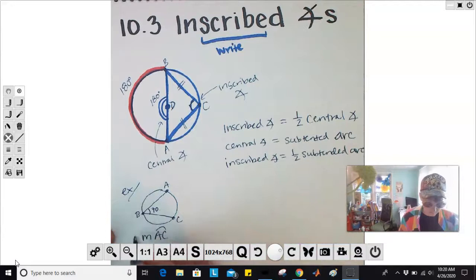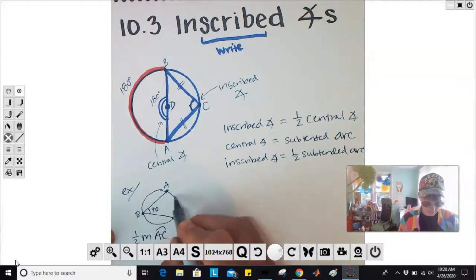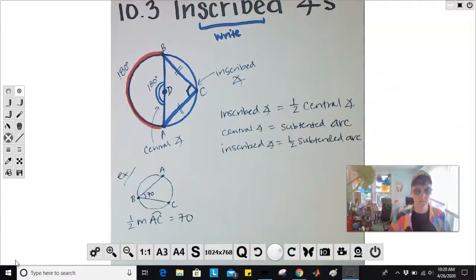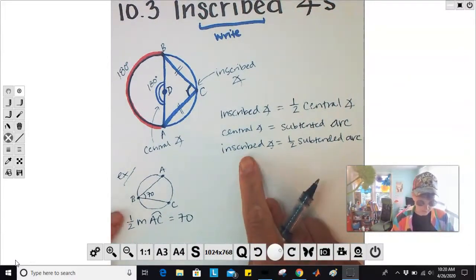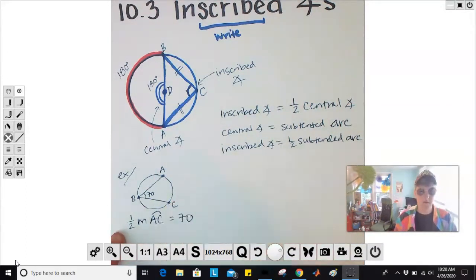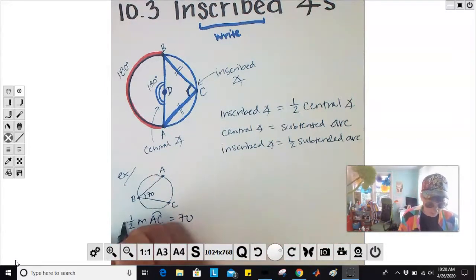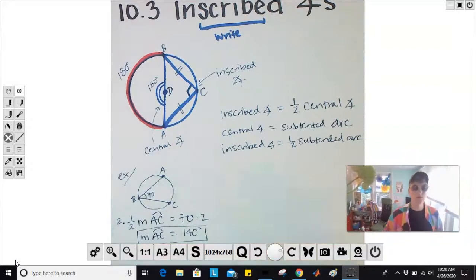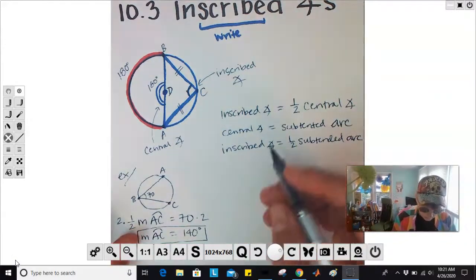So 1/2 of the measure of arc AC equals 70 degrees. The inscribed angle, 70 degrees, is half of the subtended arc. So if we wanted to find the measure of AC, we can multiply by 2 on both sides and get the measure of arc AC is 70 times 2, 140 degrees. It's as easy as that. Que fabuloso!